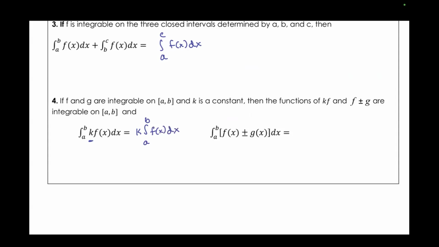Just multiply the integral of f of x by k. And if I'm adding or subtracting functions, I can do each definite integral separately. So I can find the definite integral of f of x and add to that the definite integral of g of x.